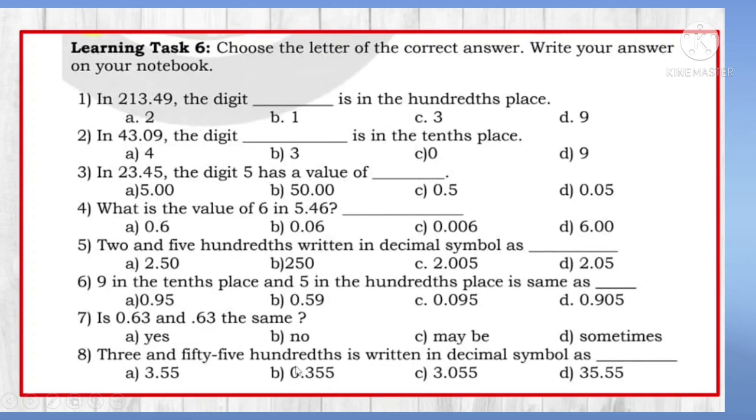Yes or no? Number 8. 3 and 55 hundredths is written in decimal symbol as blank. Okay. So that is Learning Task 6. There is a multiple choice. So you're going to choose the correct answer.